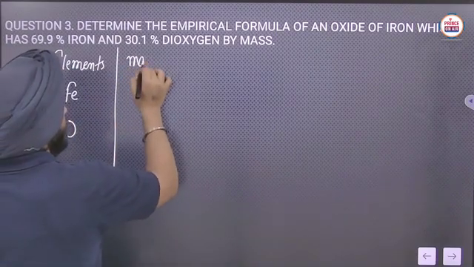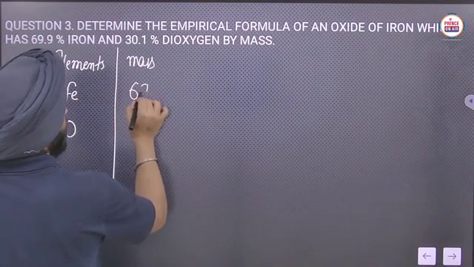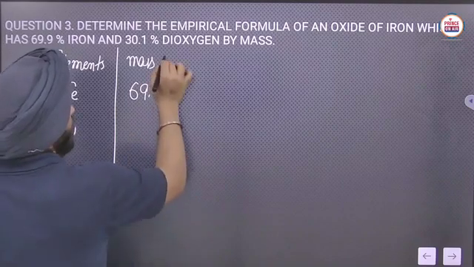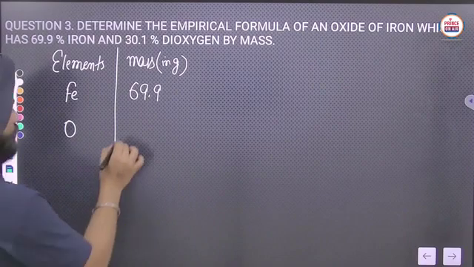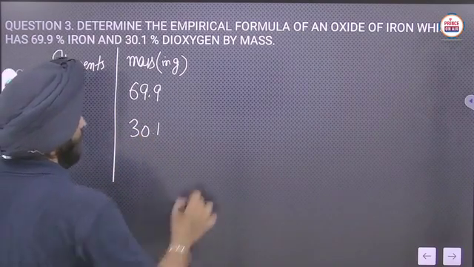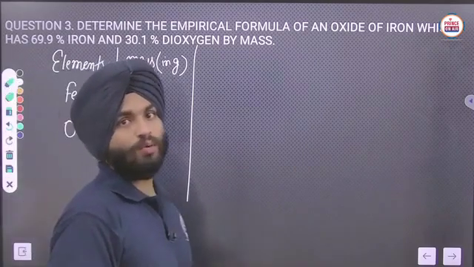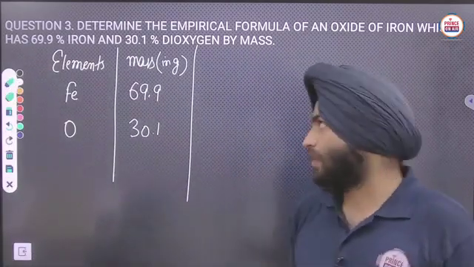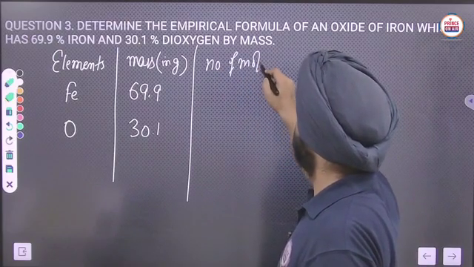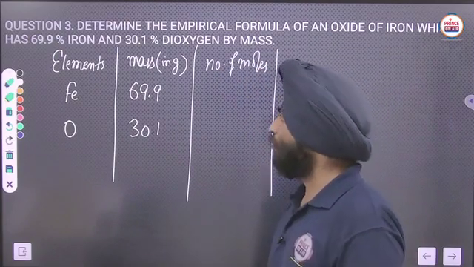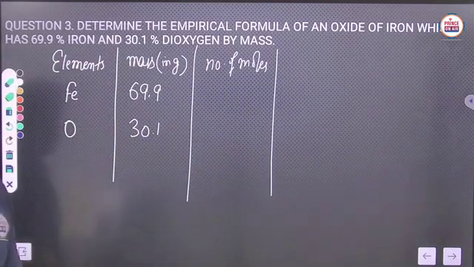The given mass is considered as: iron has 69.9 grams and oxygen is 30.1 grams. Okay, then it's clear. Now we have to calculate the number of moles first. The formula of number of moles is given mass upon molar mass.